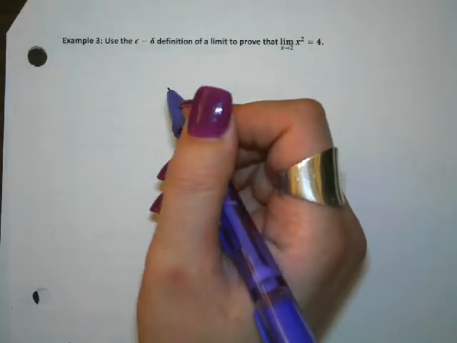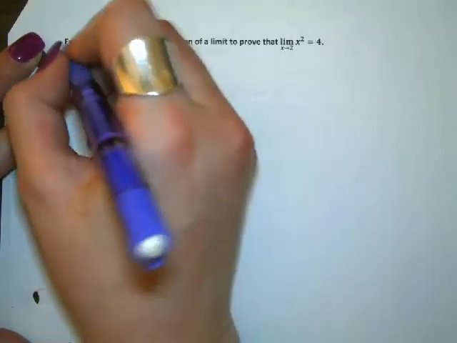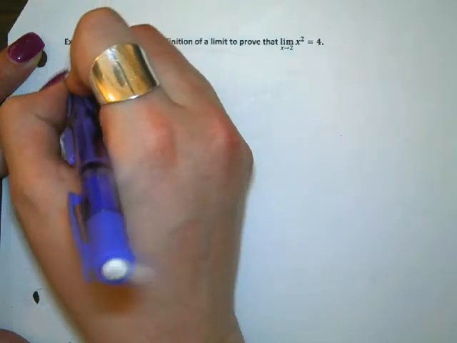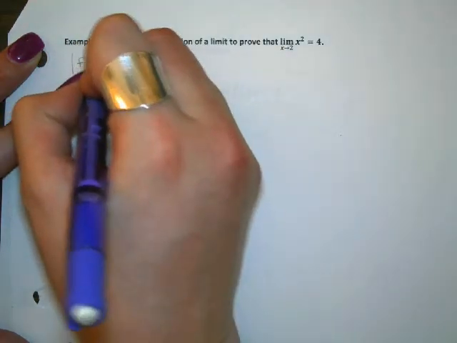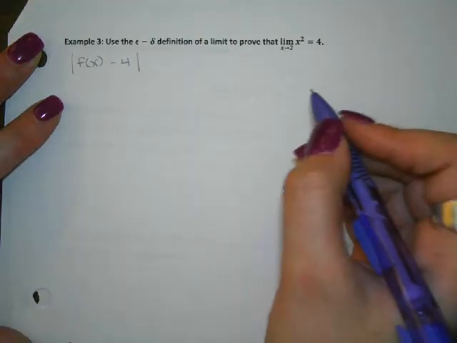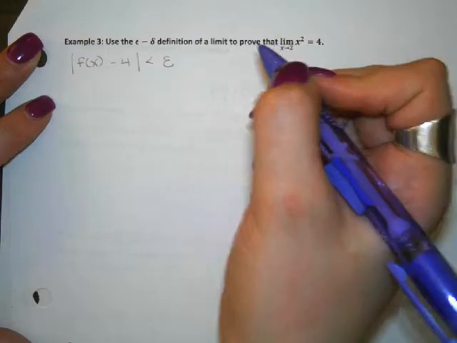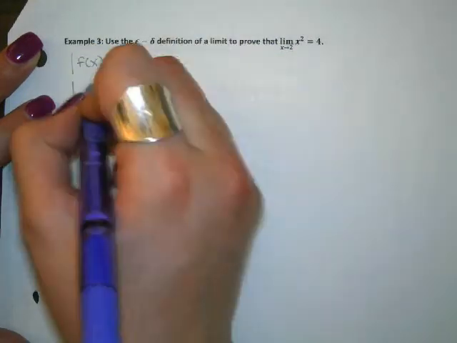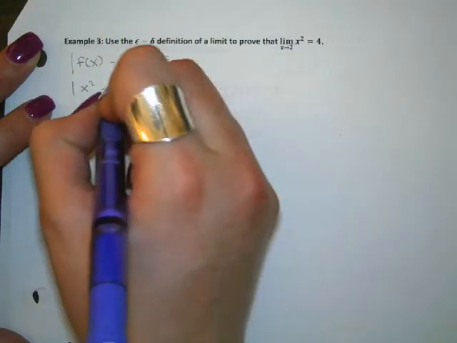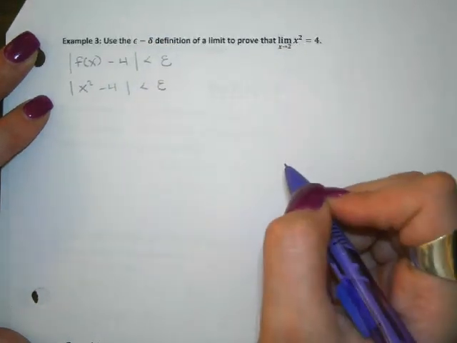All right, so let's go ahead and start this. What should we write? So we have f of x minus 4, because that's our limit, is less than epsilon. And then we plug our f of x in. We got x squared minus 4 is less than epsilon.